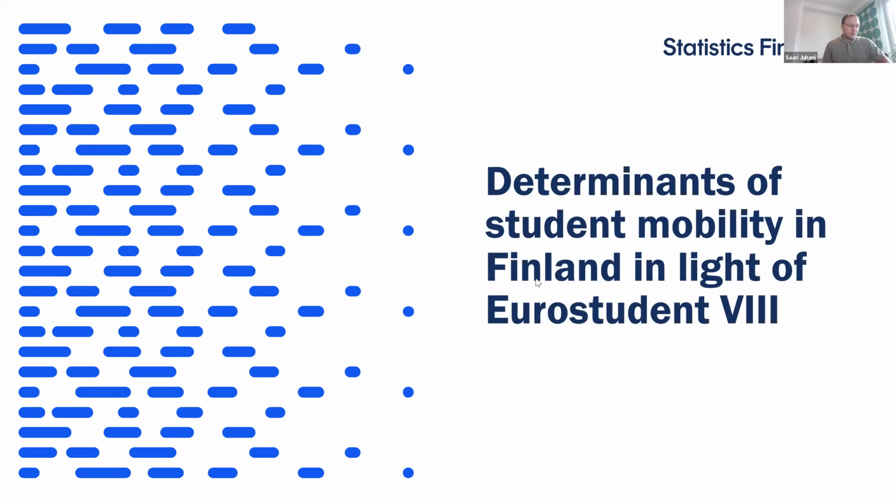But we're gonna make a note of this because the sheer number in relative mobility by field of study is very great in Finland. Now let's take another look at what the mobility of students looks like in our national statistics.